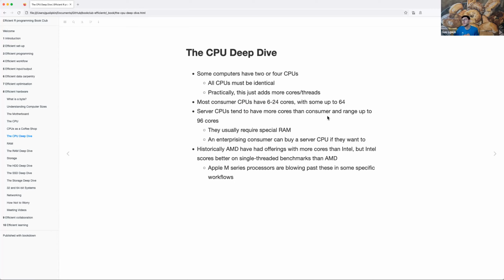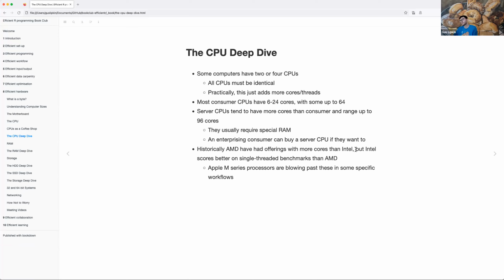And historically, there have been sort of 2 big consumer hardware CPU manufacturers. And so AMD have usually had offerings with more cores, but Intel seems to get better single-threaded benchmarks than AMD. And so some people will choose which CPU brand they want based on if they'll be doing a lot of multi-threaded things or a lot of single-threaded.